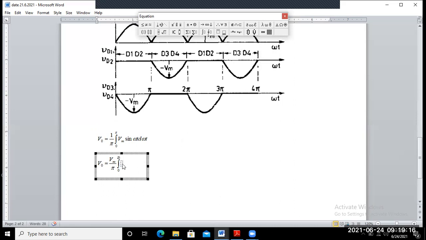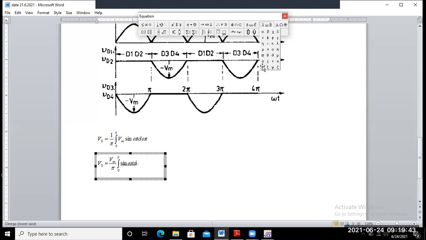Vm sin omega t, oh sorry, Vm is already taken outside, so only sin omega t d omega t. So it is just the integration of sin omega t d omega t.